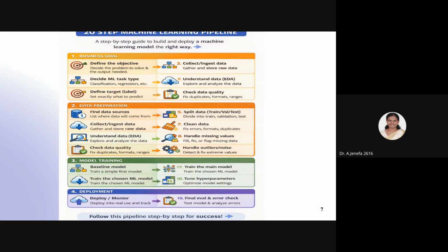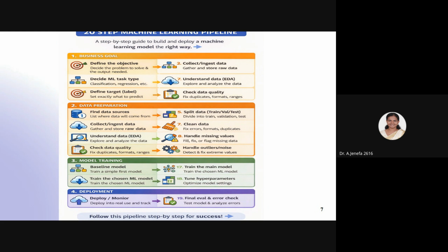As you can see here, there are four main stages we do in this machine learning pipeline. The main four stages are business goal analysis, and the second stage is data preparation, that is data pre-processing.